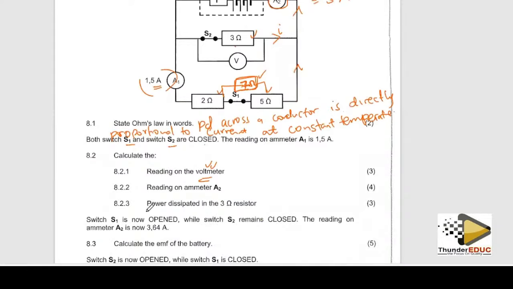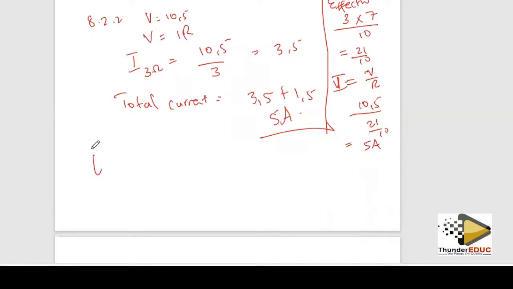Then 8.2.3. They are asking for the power that is dissipated within the 3 ohm resistor. Now, since we have the current of the 3 ohm, the same current within the 3 ohm, we got it as 3.5. We have our resistance as 3.